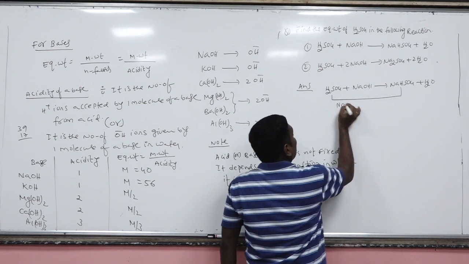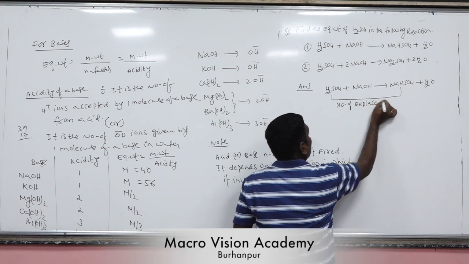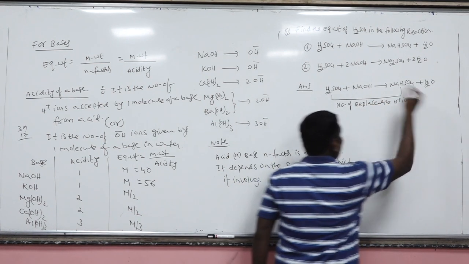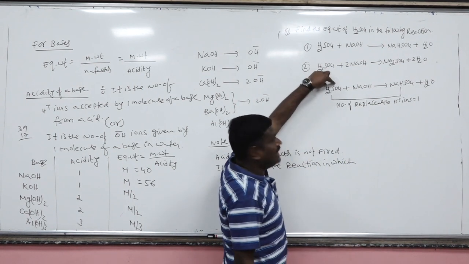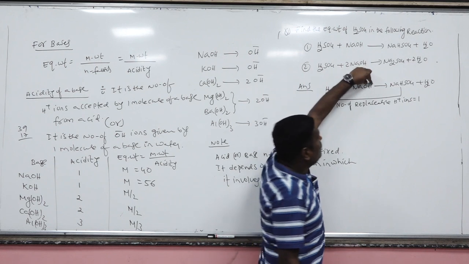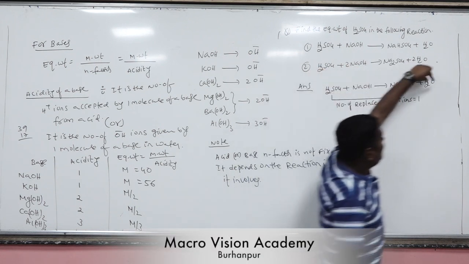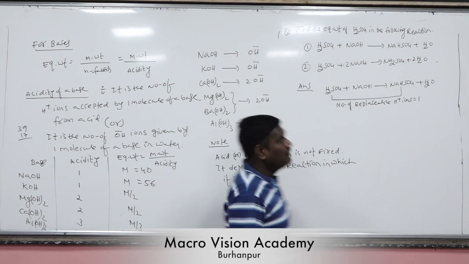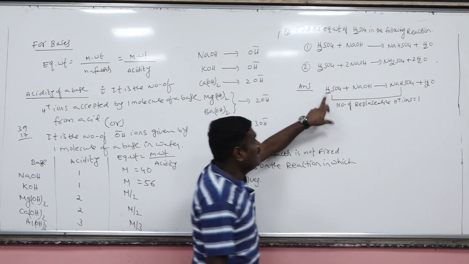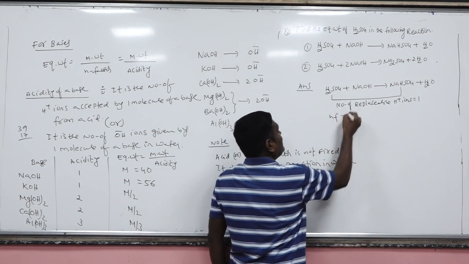How many replaceable H plus ions are there? Only one. It may give 2 H plus ions, but here only one OH minus ion is available, so one OH minus ion will combine with only one H plus ion to give one molecule of water. That's why here n factor is 1.